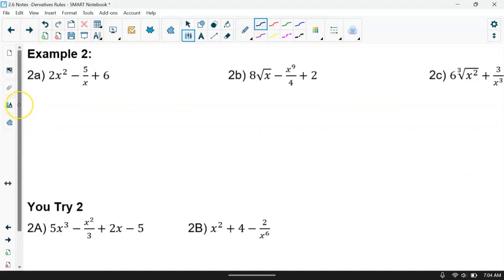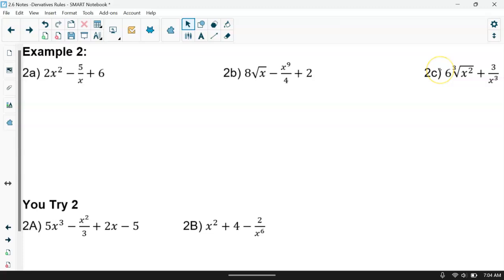So now here, in our next examples, just adding a little bit more to it. Here we've got, let me move this over. There we go. So here, again, taking the derivative of each term. So what is the derivative of 2x squared? 4x, right? 2 times 2 is 4, subtract 1.